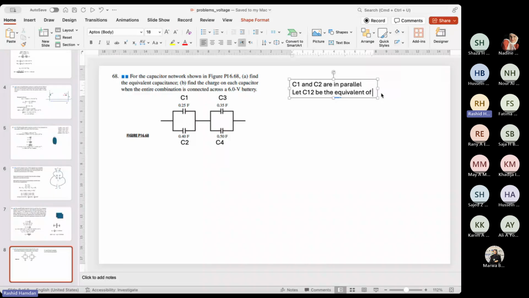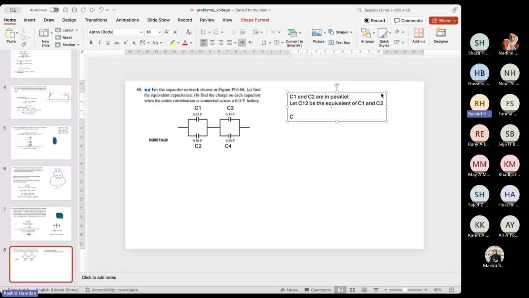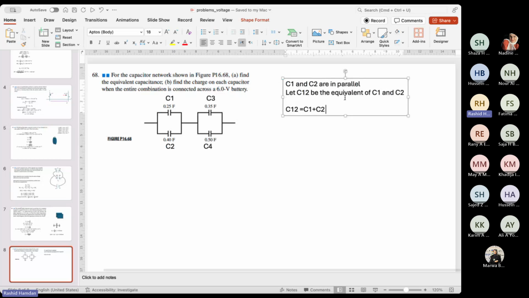C1 and C2. Now, C equivalent, C12 is equal to C1 plus C2. So it's equal to 0.25 plus 0.4.